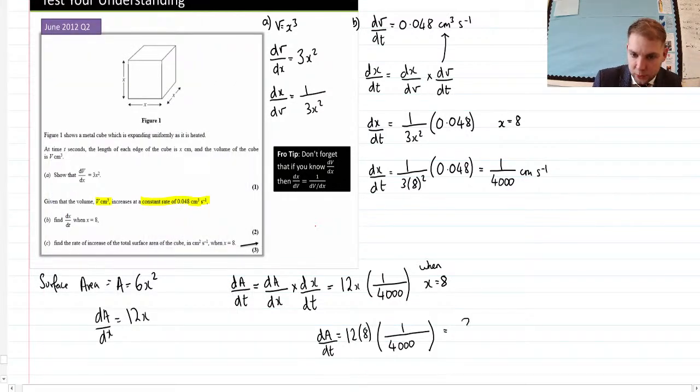Units on that, if it's the surface area, is going to be centimetres squared per second.